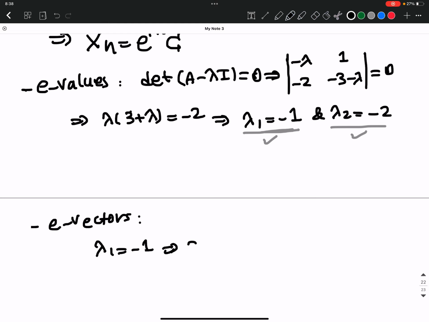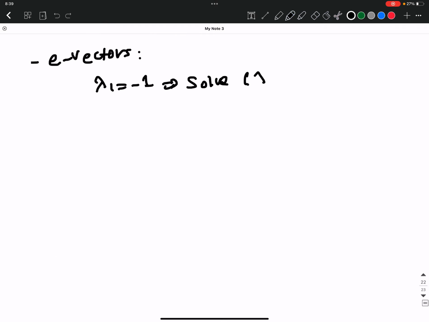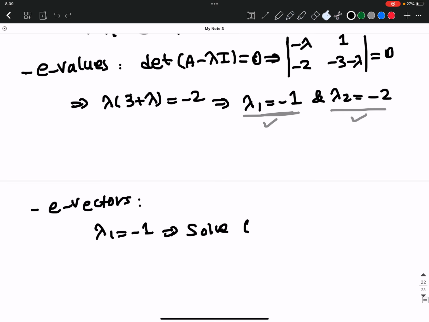So we need to solve (A plus I times 1) times V equals 0.